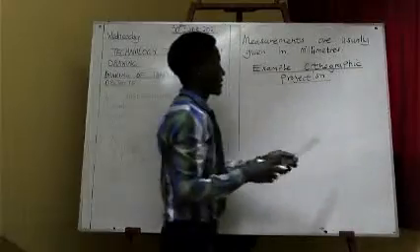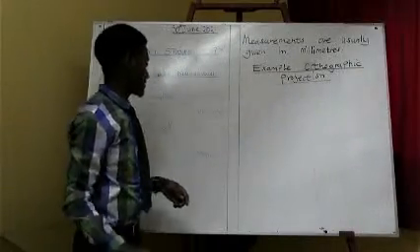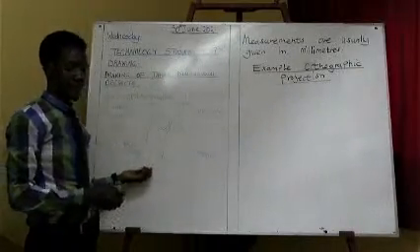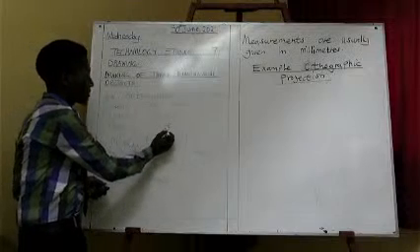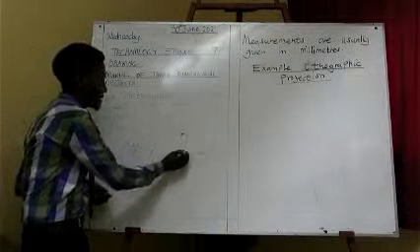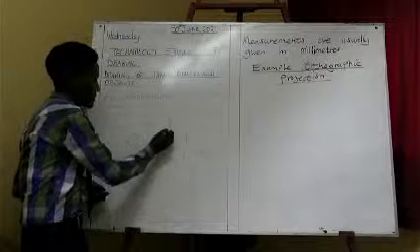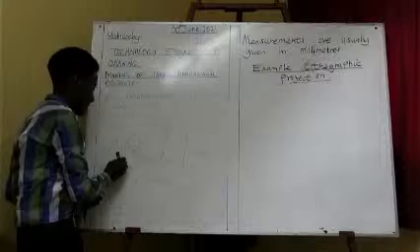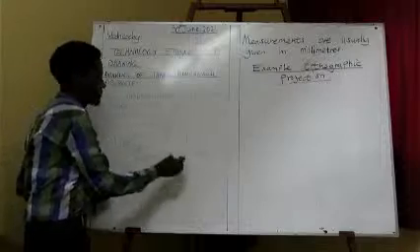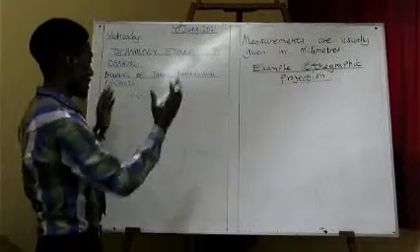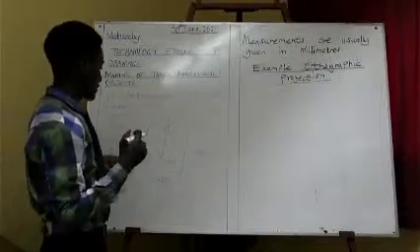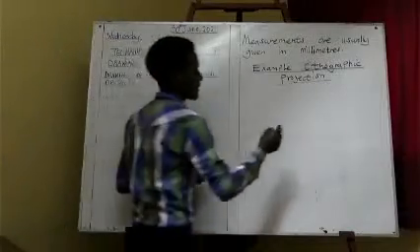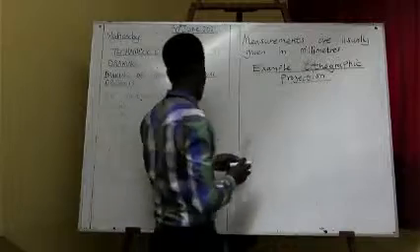So, when we draw first, I said we start with the flank, which is from here, this part here, this one, this part here is the one that we are going to draw there as our flank view side. So we are going to take it the way it is.